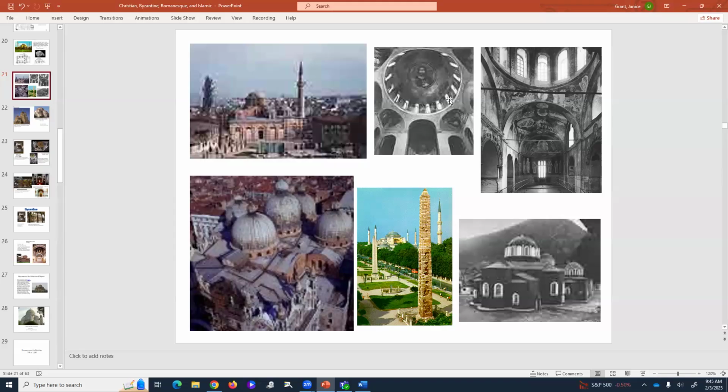See the windows at the top, so it's letting in the light. In the Pantheon, we saw the circle that was the hole at the top. In this design, we see the windows almost like a clerestory around the dome, at the base of the dome.